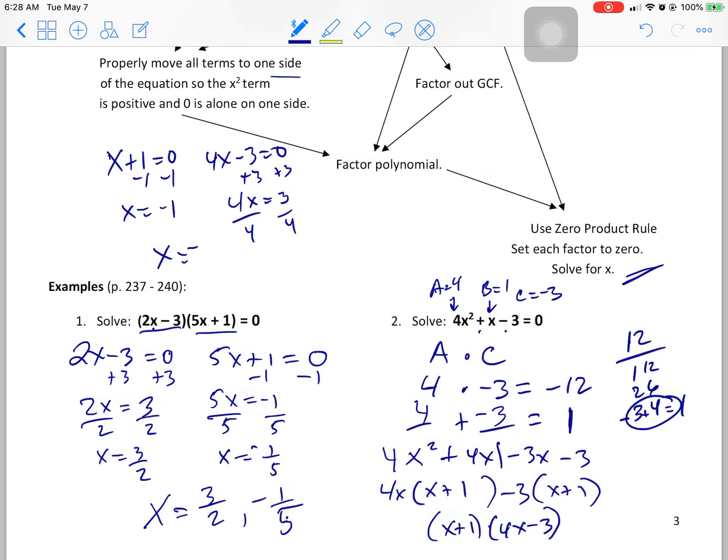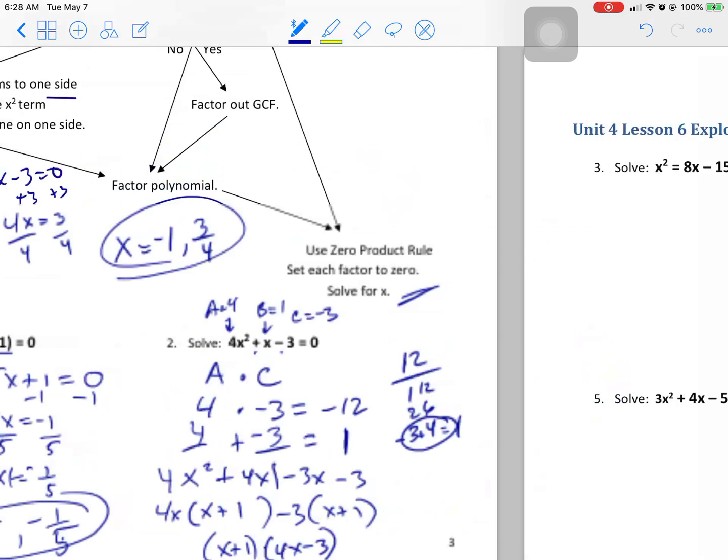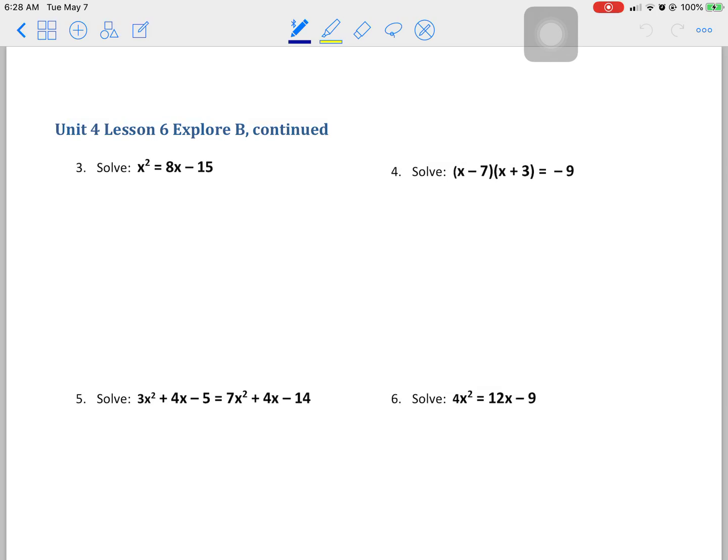So x equals -1. Sorry, you can't even read that. x equals -1 or 3/4. Okay. Do the rest on another video.